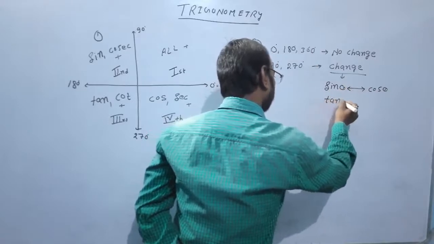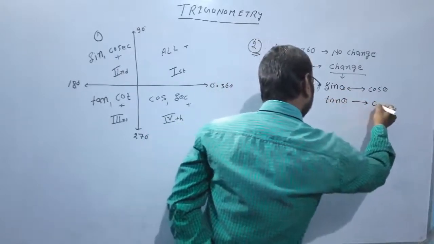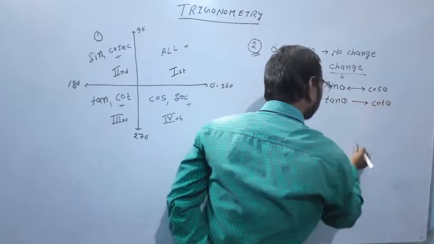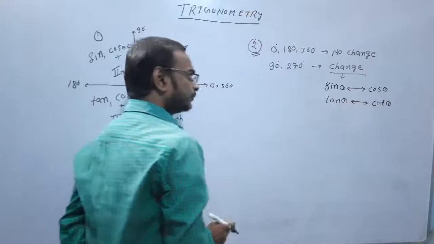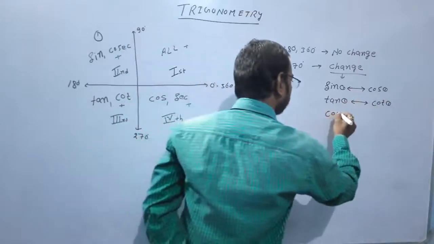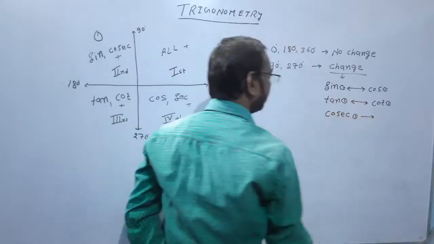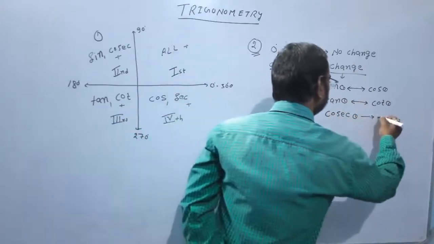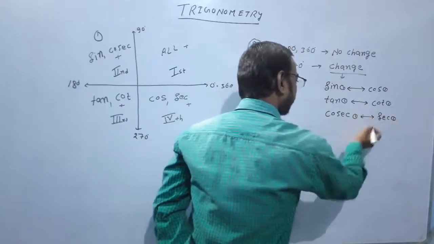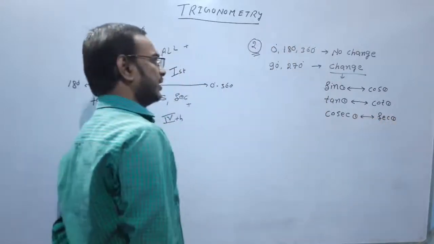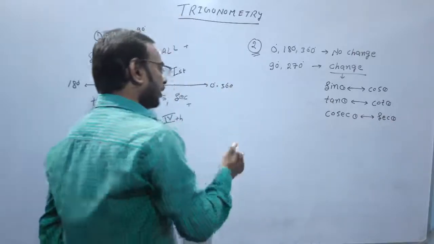If we talk about tan theta, then tan theta is converted into cot theta, and cot theta is also converted into tan theta. If we say cosec theta, then it is converted into sec theta, and sec theta is also converted into cosec theta. This is the second concept.